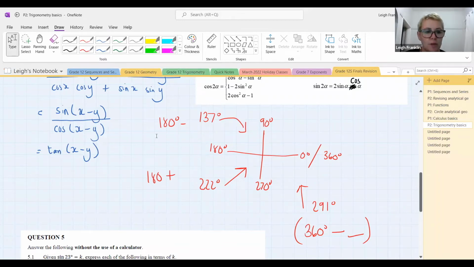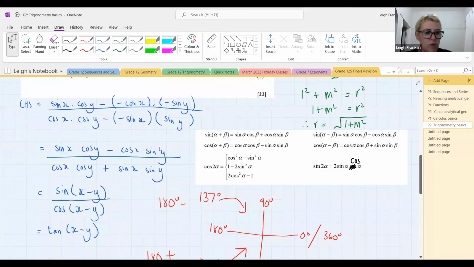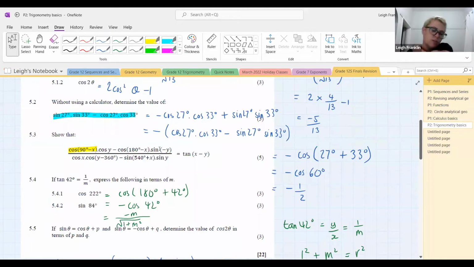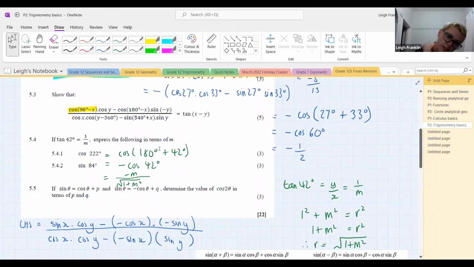Okay, no problem. So where were we? We got as far as the cos of 222. Now let's do the sine of 84. If we look at 42 and we look at 84, we straight away notice what?